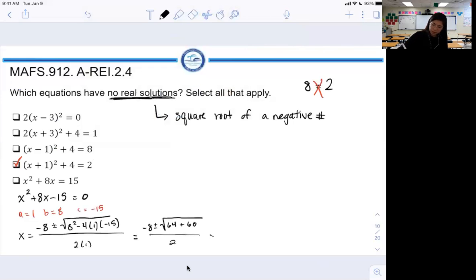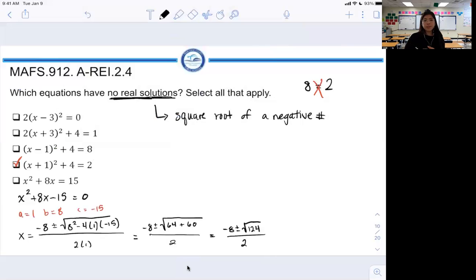Cool. Okay, and then 60 plus 64 is 124 over 2. So we got this far. We don't really need to solve it because it's not asking us for the solution.